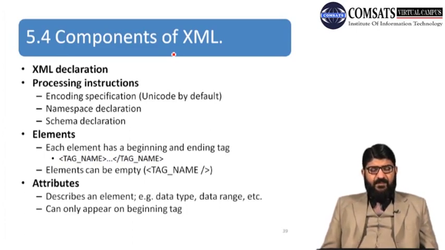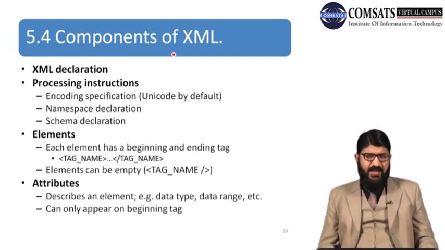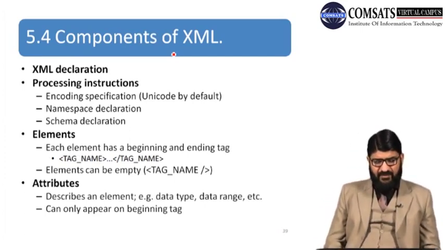And then elements. Each element has a beginning and an ending tag. The starting tag and ending tag have the same tag name, but for the ending tag a forward slash is mentioned. So an element can be simply written with the tag name. And attributes describe an element, for example data type and data range, and can appear at the beginning of the tag.